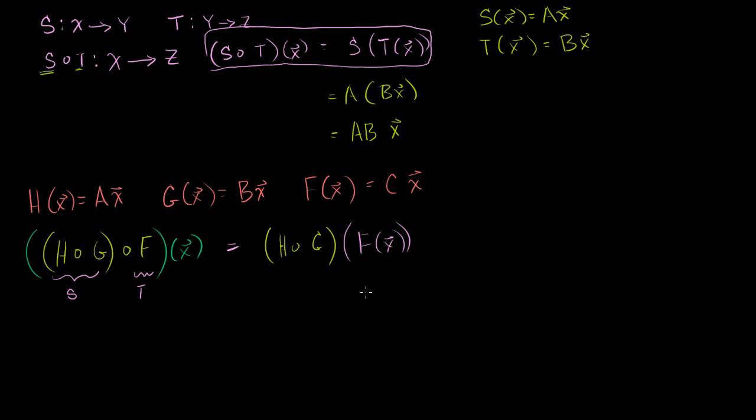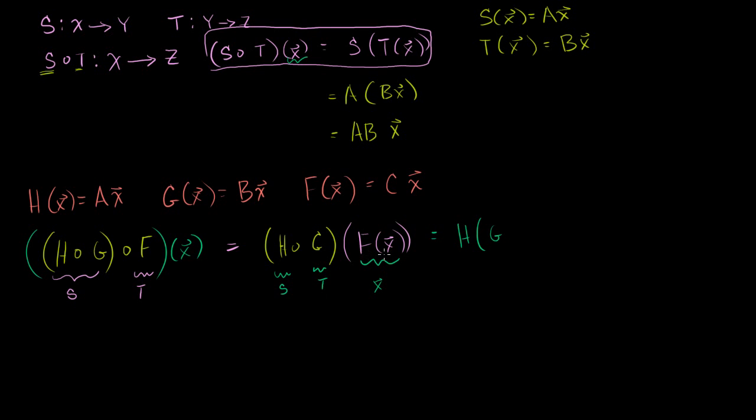Now, what is this equal to? Now we can imagine that this is our x. If we pattern match according to this definition, this is our T and this is our S. This is just straight from the definition of a composition. So it's equal to h of g applied to x.